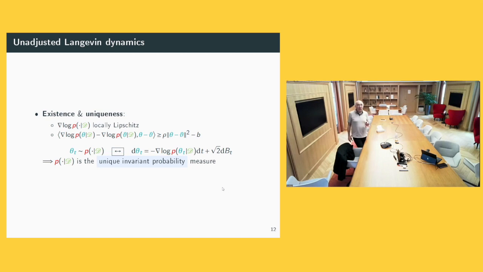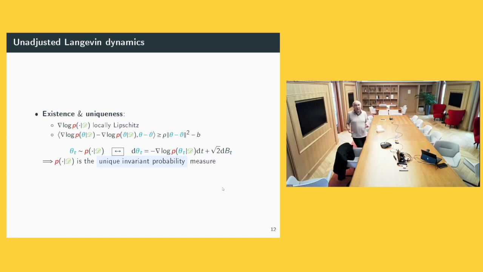Under this condition and some other minor conditions, you know that the Langevin stochastic differential equation is ergodic. It's interesting to note that the posterior distribution, P of theta given D, the training set, is the unique invariant distribution for this diffusion.